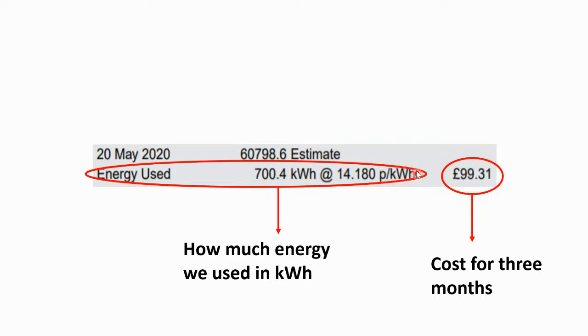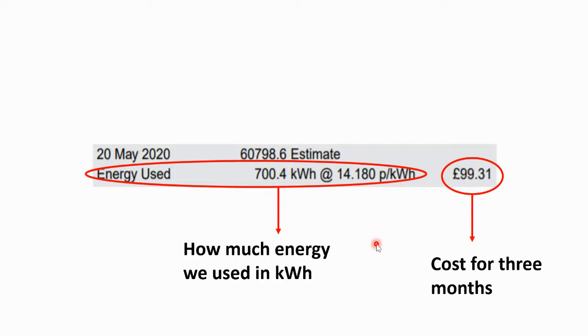This is a unit of energy, and here we can see I've used 700.4 kilowatt hours, 700.4 units in 3 months. So if you get a calculator now and you do 700.4 times by 14.180, you should get 99.31.